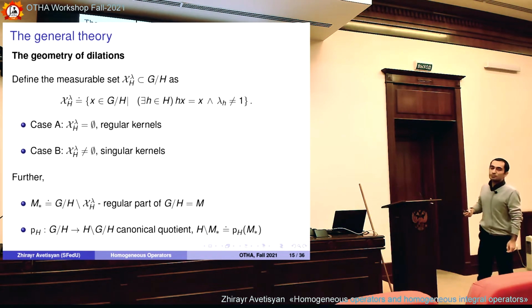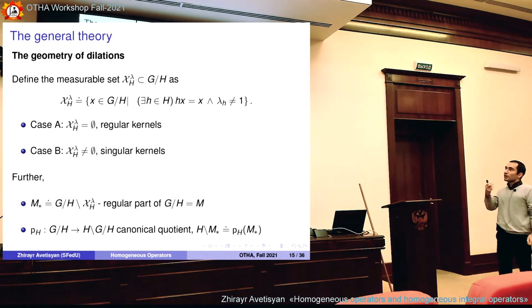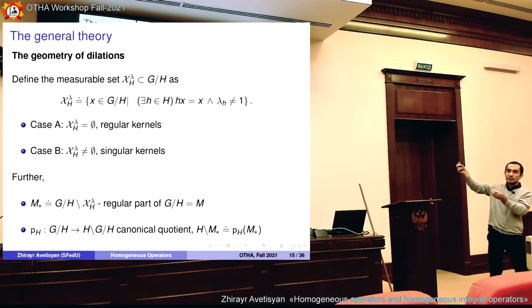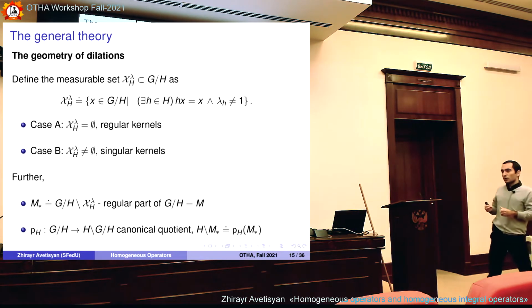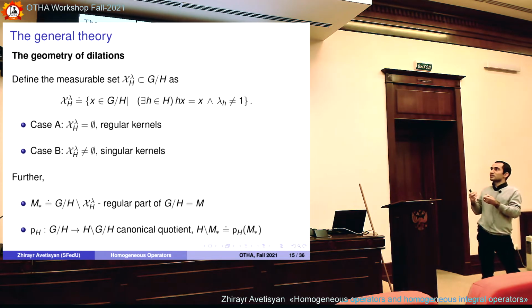This is the set of those points in your space where there is an element of the stabilizer subgroup H which doesn't move the point and yet changes the character. So this is a pathological behavior, and we'll see that because of that, your homogeneous kernels are going to be singular at those points.